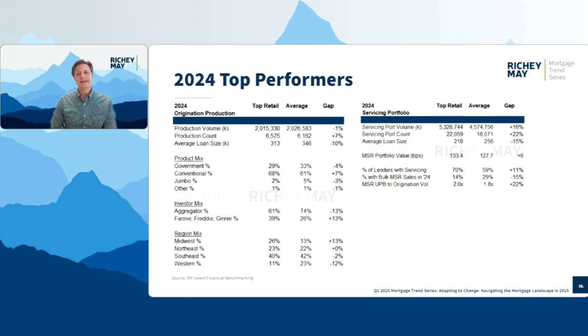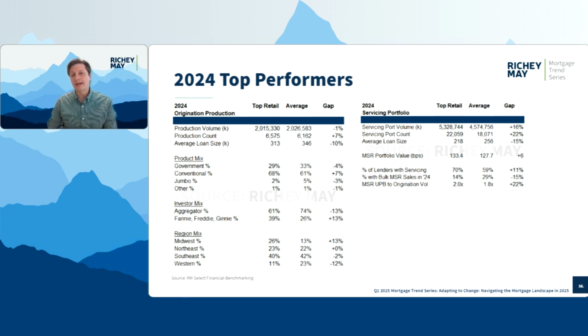So that's one. The other might be servicing. In the last few years, when servicing has been really important to the bottom line, you might go to this one a lot. It's only the lenders who have large servicing portfolios that are the top performers. Again, I think there is some truth to that.